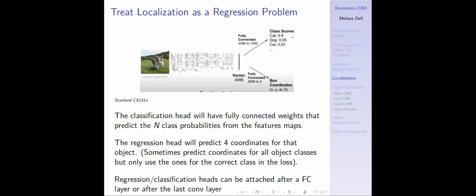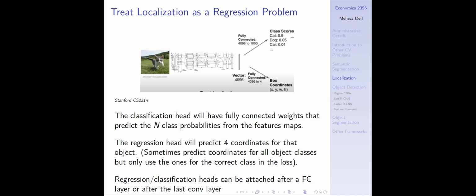So the classification head has fully connected weights. They're going to predict the in-class probabilities. In this case, it's 1,000, which is what ImageNet is, from the feature maps that the CNN backbone outputs. And then you have the regression head, and that's going to just predict 4 numbers. And those are the 4 coordinates of that object's bounding box. Sometimes it will predict coordinates for all object classes, but only use the ones for the correct class in the loss.